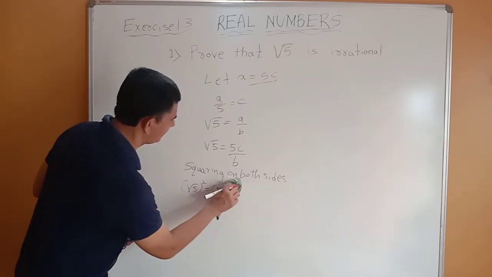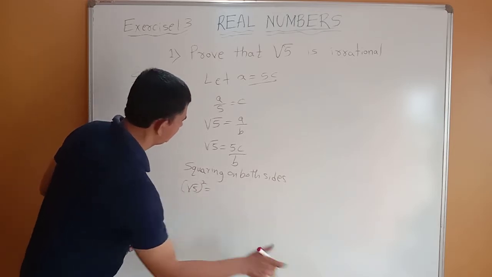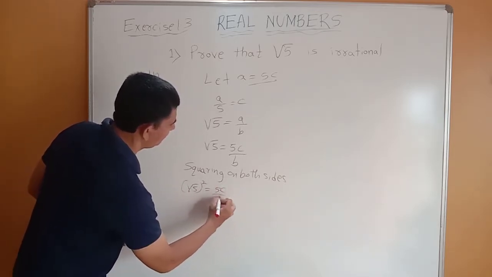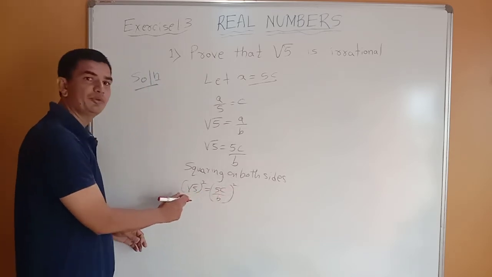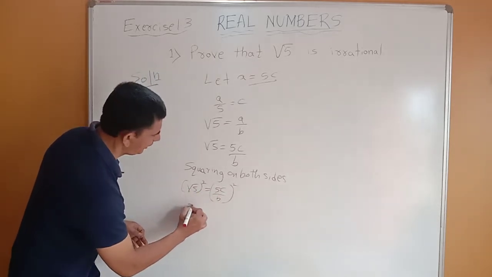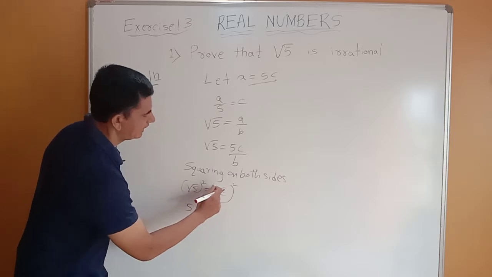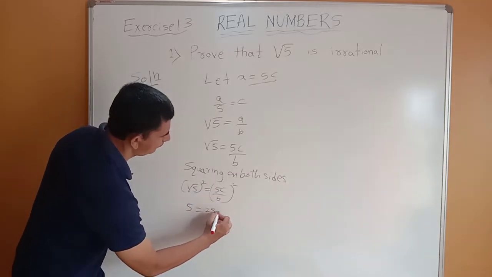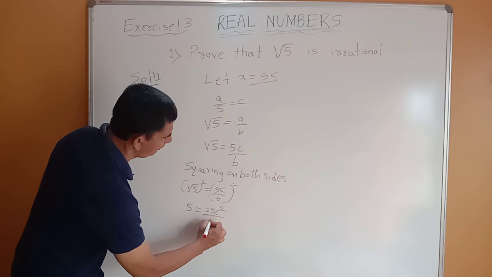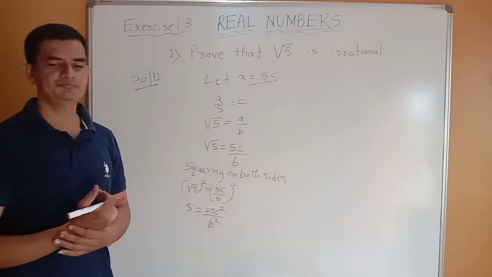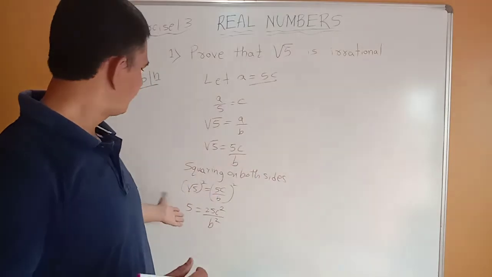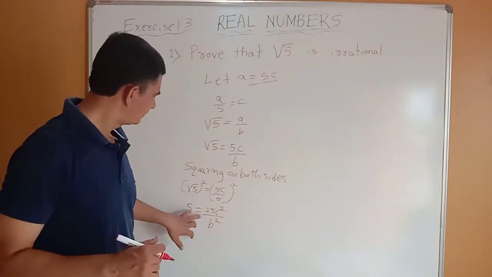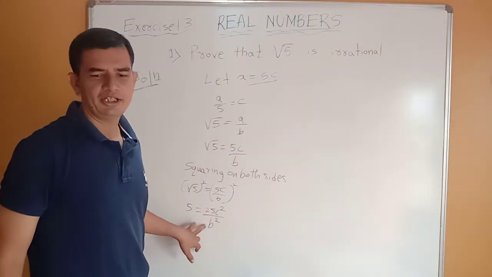Otherwise you can write like this: first step, 5c as it is and b as it is, whole square. Now root 5 into root 5 becomes 5. Here 5 5s are 25 c square, b into b square. Now we got here root 5 is equal to 25 c square by b square.